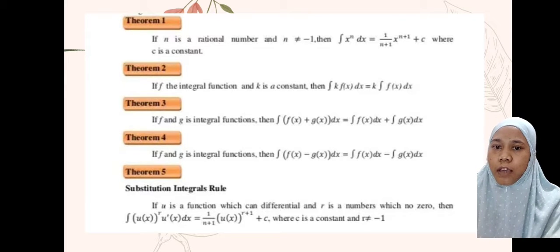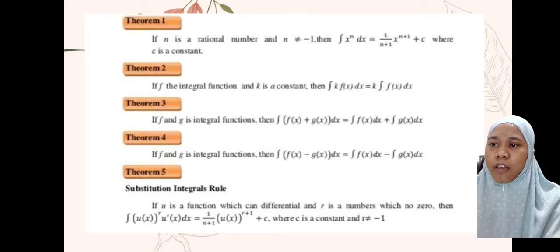Theorem 2. If f is an integral function and k is a constant, then the integral of k f(x) dx equals k times the integral of f(x) dx.